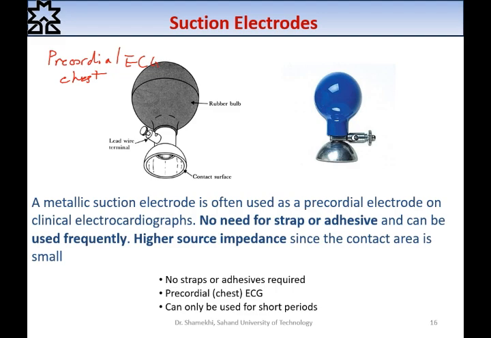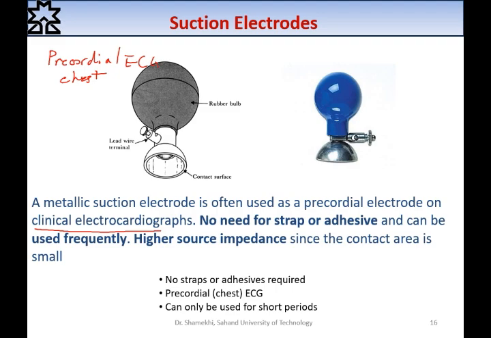A metal suction electrode is often used as a precordial electrode on clinical, I emphasize, clinical electrocardiographs. No need for a strap or adhesive because the suction will fix the electrode on the skin and it can be used frequently. This electrode is not a disposable electrode.